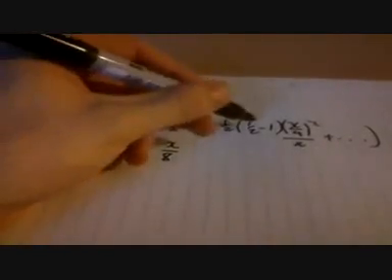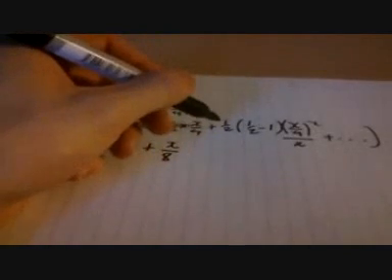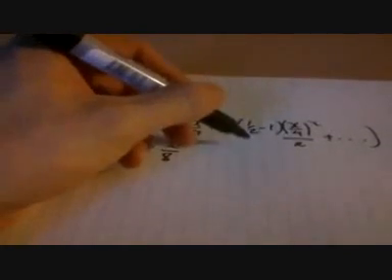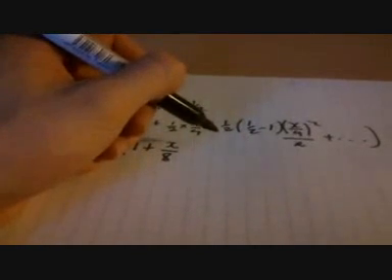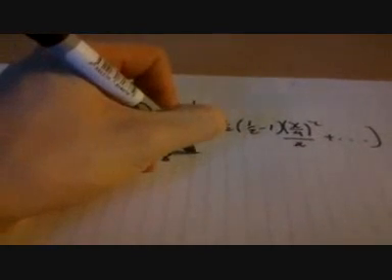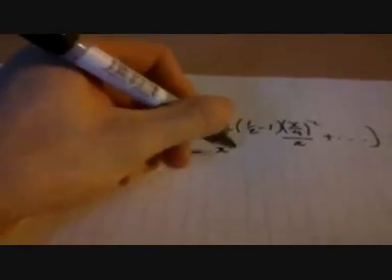Half times negative a half, that's negative 1/4, divided by 2, that's negative 1/8, times 1 over 16, that will give us negative x squared over 128. Realize that this is basically an approximation of this expansion, so this would go on off to infinity.